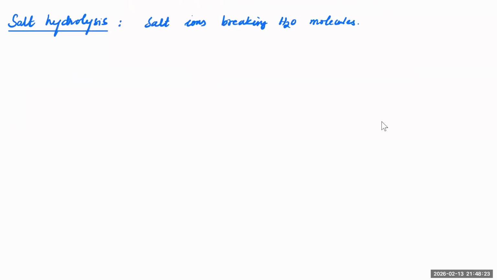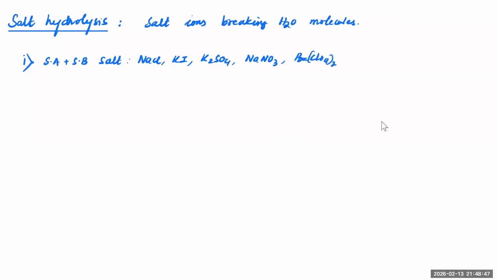Got it? So starting with the first one, if you have a salt formed from a strong acid and a strong base, like NaCl, KI, K2SO4, NaNO3, clear? Barium chlorate, perchlorate. Got it?